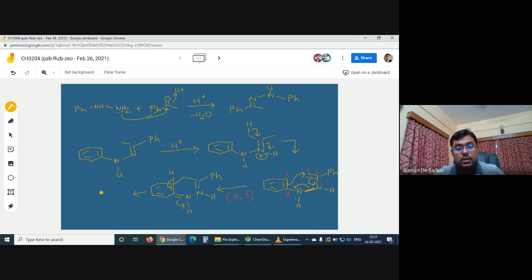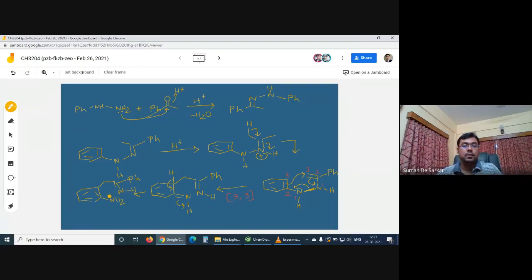This becomes NH2, and this benzene ring gets back the aromaticity. This becomes NH2, and here the situation is like this. And phenyl is here, H is here.